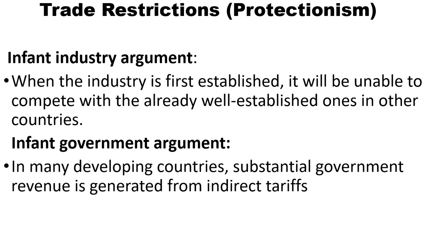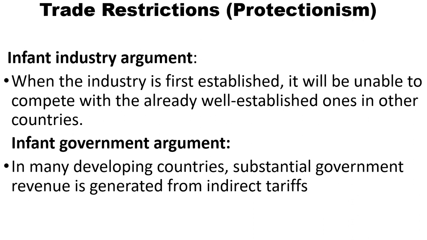Then the second one has to do with the infant government argument. In many developing countries, these countries are young, and they have a lot of developmental challenges which require a lot of money. So countries tend to impose a lot of restrictions on goods, especially tariffs on imported goods, so that they can generate revenue for development.